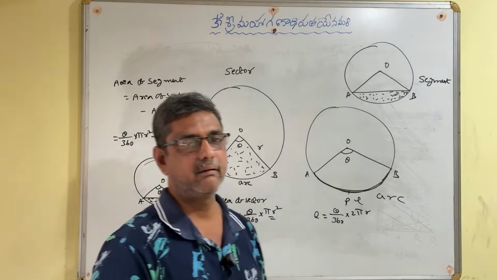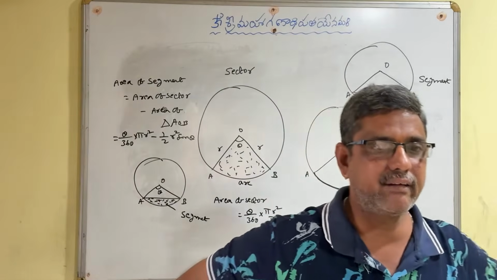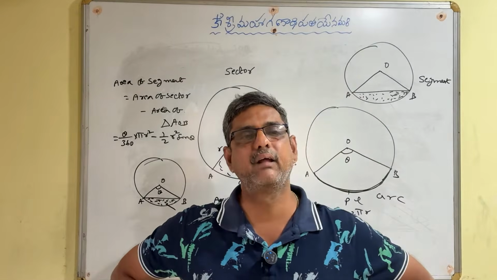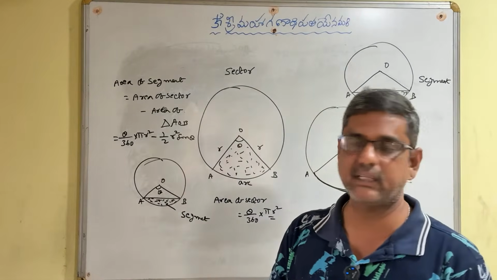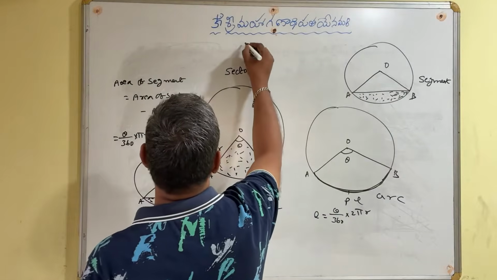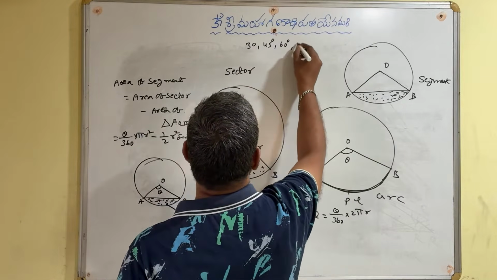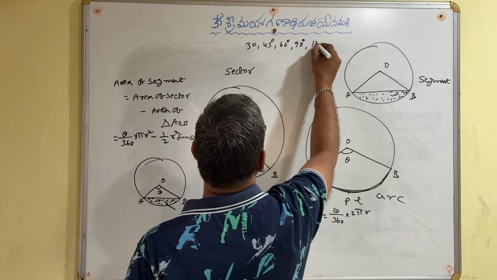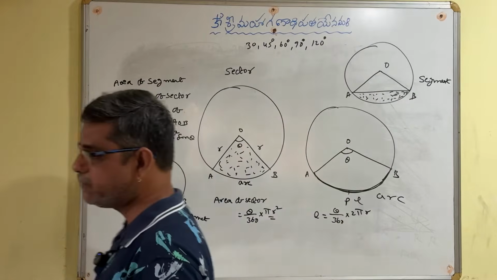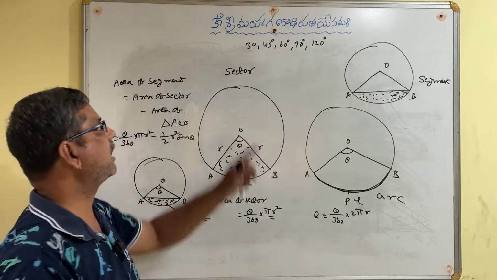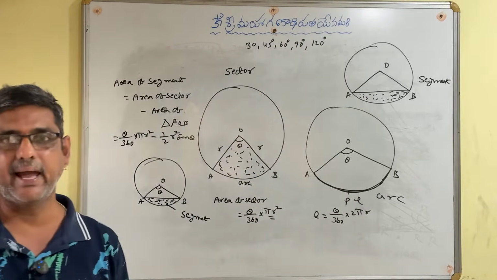It may be 30 degrees, 45 degrees, 60, 90, even 120 degrees. In our syllabus we have only these angles: 30, 45, 60, 90 and 120 degrees. So the sector angle may be one of these 5 angles.